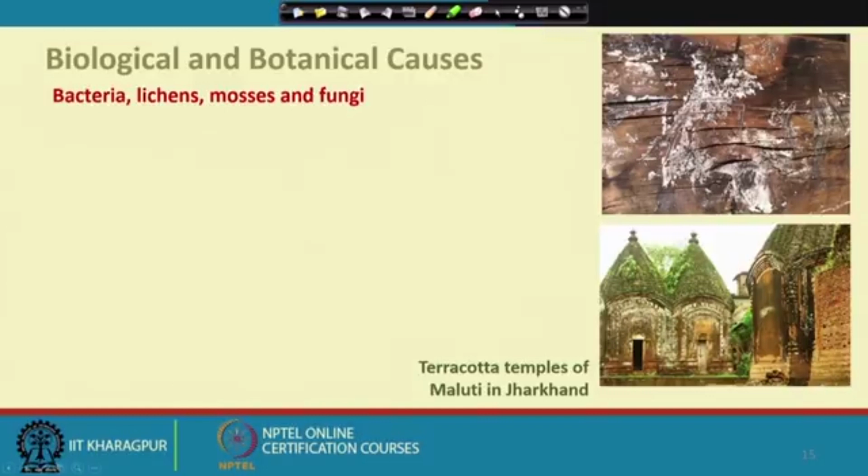It's on the Jharkhand border, and this is another picture where the mosses and fungi are affecting the timber surface. As I say, these mosses, fungi, lichens and bacteria have various species, categories and types, and each has its own favorable habitat and environment, and their remedial measures also vary.